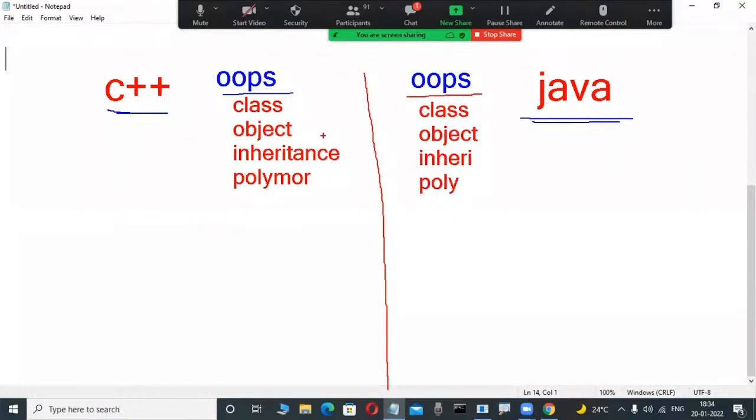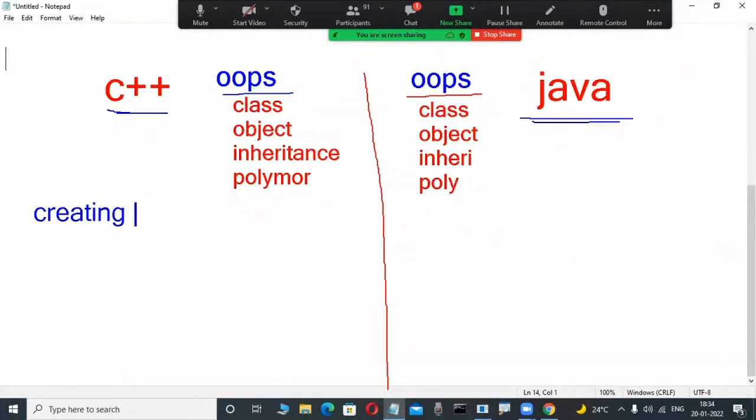Okay, C++ and Java. Conceptually, what is class? What is object? What is inheritance? What is polymorphism? Like this. Encapsulation, binding, something. Okay, but observe here. Anybody guess? Suppose in C++ I want to create an object from the class, what is the syntax? Do any technical persons have an idea? So many persons have an idea, I think.